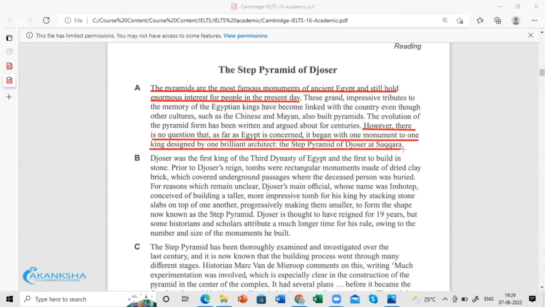Now the last sentence: you see the word however, you need to focus on these words which signal opposite ideas. However, there's no question that as far as Egypt is concerned, it began with one monument to one king designed by a brilliant architect, Mr. Pyramid.